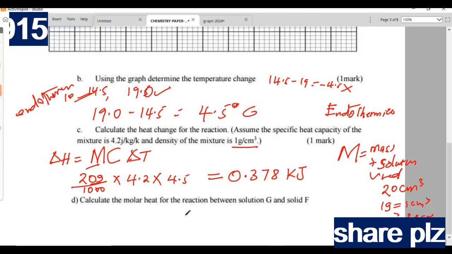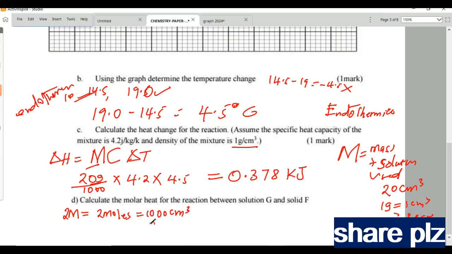The molar enthalpy of the reaction between solution T and the other solution. So we now want to get the number of moles of what we have provided, but we were given that solution G is 2 capital M. 2 capital M means that the number of moles in our liter is 2 molar. So it means 2 moles is in 1,000 centimeters cube.